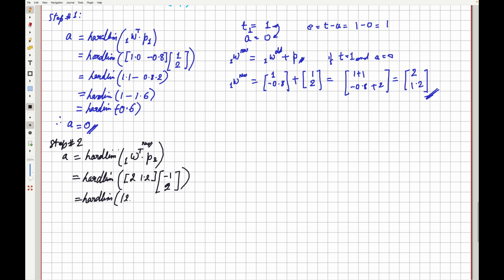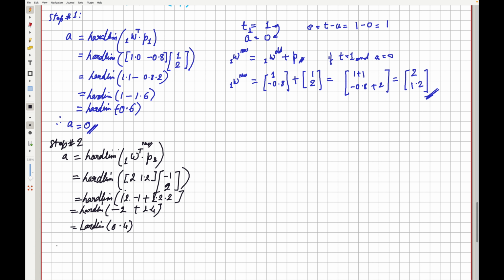So we get 2 times minus 1 plus 1.2 times 2, that gets us hardlim of 2 times minus 1 gets us minus 2, and plus 1.2 times 2 is 2.4, and so what we get is hardlim of minus 2 plus 2.4, which is 0.4, because this is a larger value.